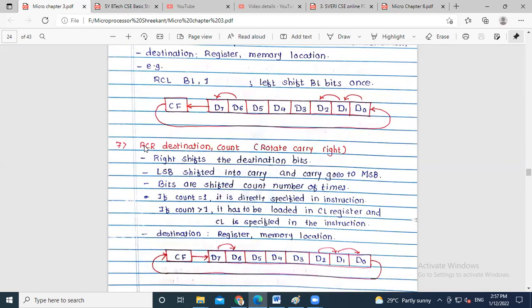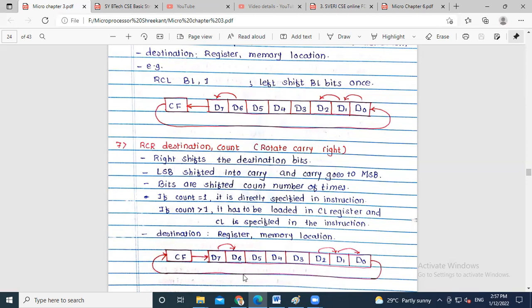Same way RCR, destination, count, means rotate carry right. Here the destination bits are shifted right, the least significant bit is shifted into the carry, and it goes to the most significant. This is the least significant and this is the most significant.